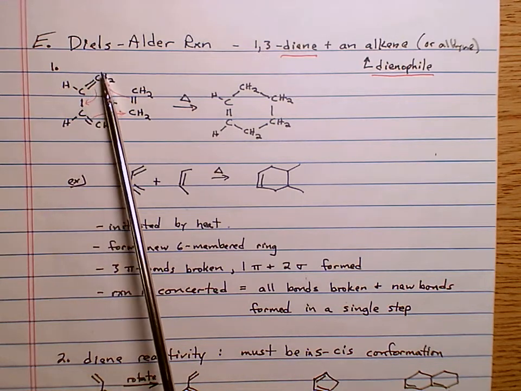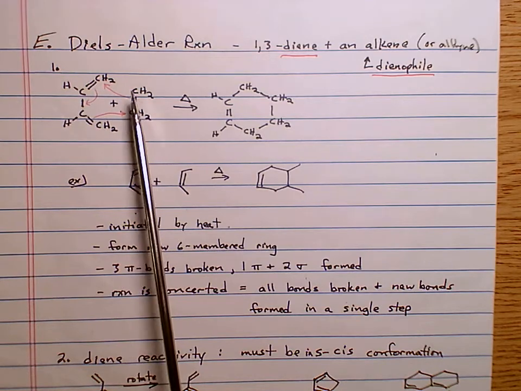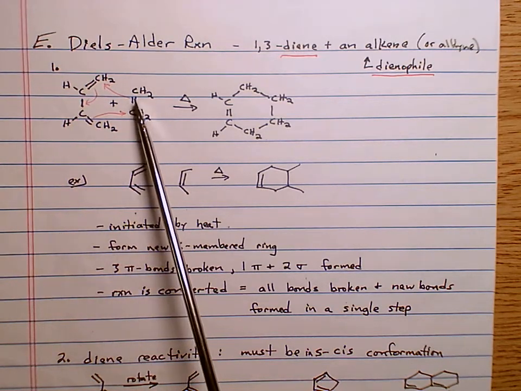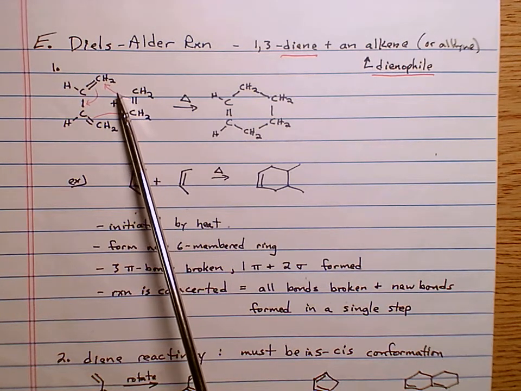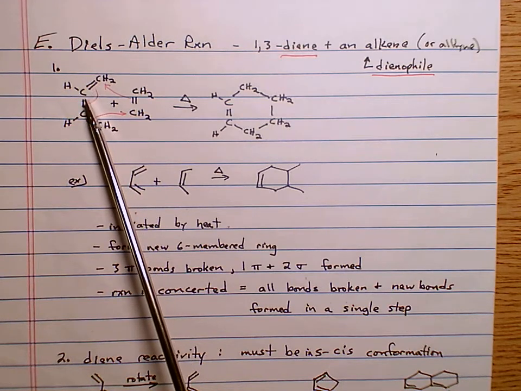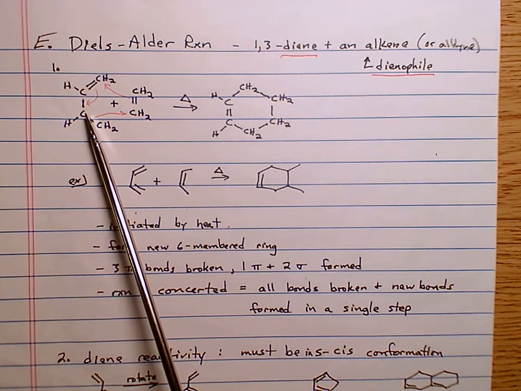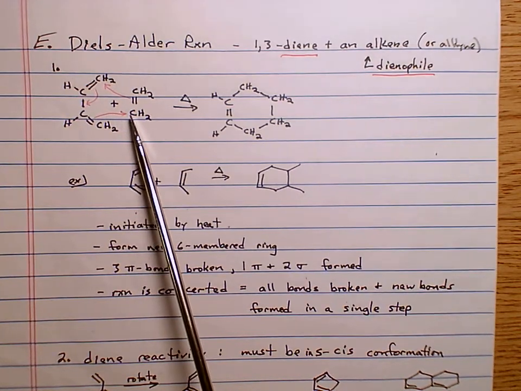You take a 1,3 conjugated diene, and you add a carbon double bonded molecule or triple bonded molecule. The pi bond breaks and attacks this carbon, which causes this pi bond to break and form a pi bond here, and then this pi bond breaks and forms a single bond with this carbon.